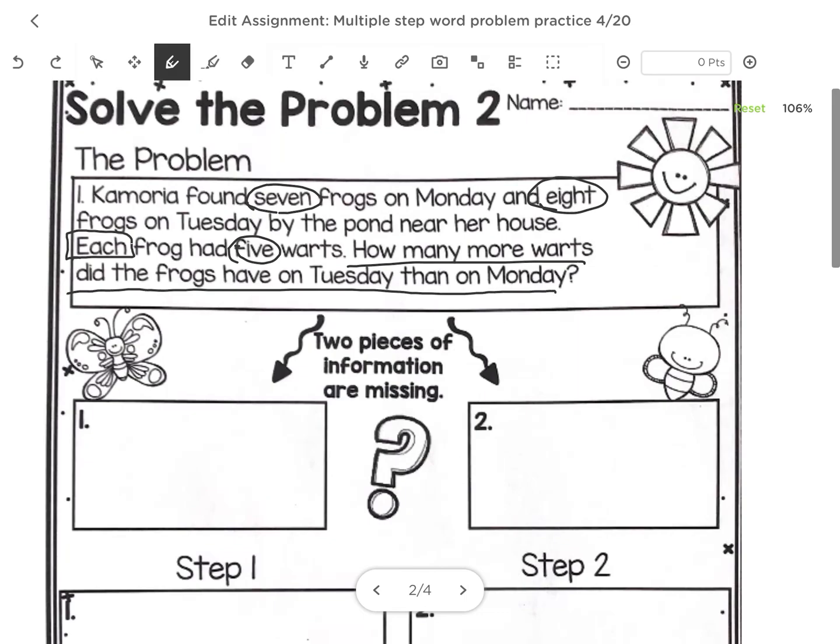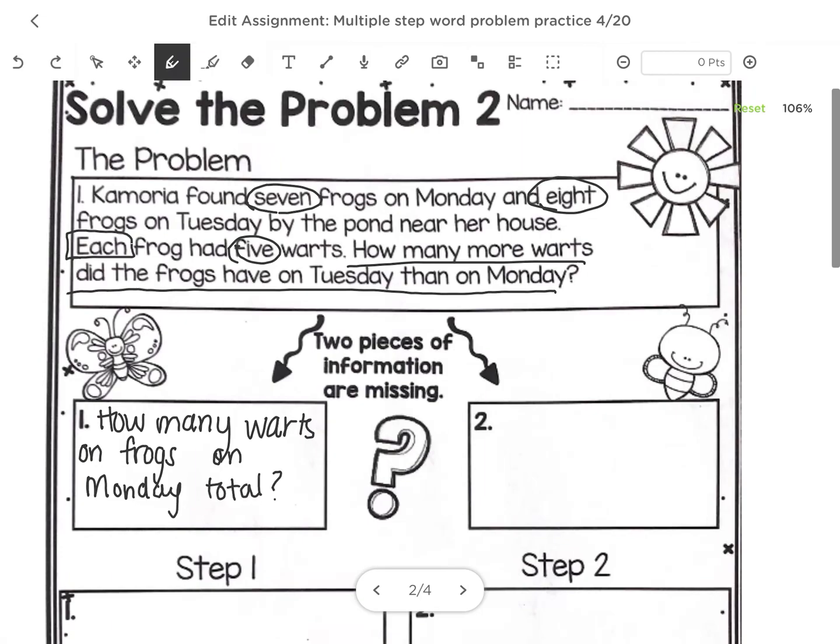So our two pieces of information that we're missing is how many warts on frogs on Monday total, and how many warts on frogs on Tuesday total.